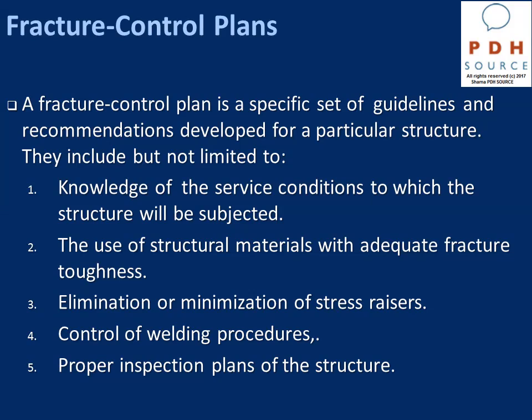Second, the use of structural materials with adequate fracture toughness is very important, because we have already known from this course that the three primary factors that control the vulnerability of a structure to fracture are the tensile stress level, including effects of constraint, residual stresses, stress concentrations, and so forth; the size, shape, and orientation of the crack or the discontinuities in the structure; and the material fracture toughness at a particular temperature, surface temperature, loading rate, and plate thickness.